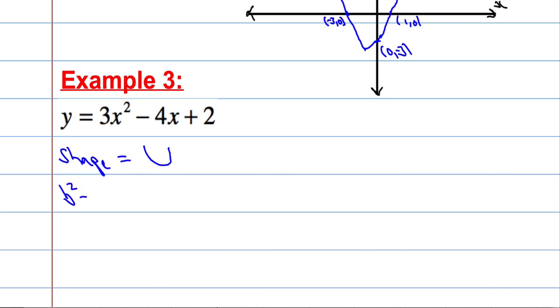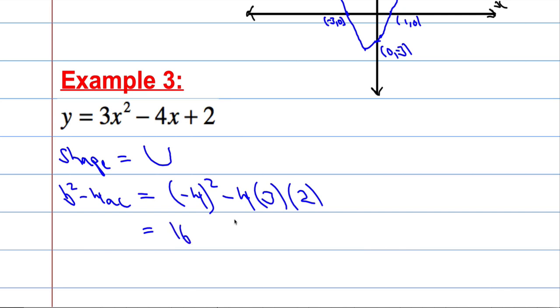B squared minus 4AC is going to equal minus 4 squared minus 4 times A, which is 3, times C, which is 2, which gives us 16 minus 4 times 3 is 12, 12 times 2 is 24.